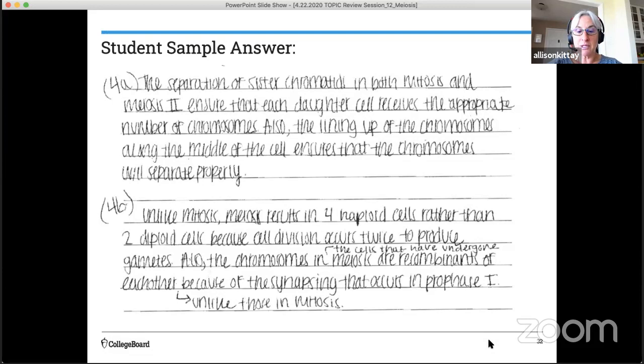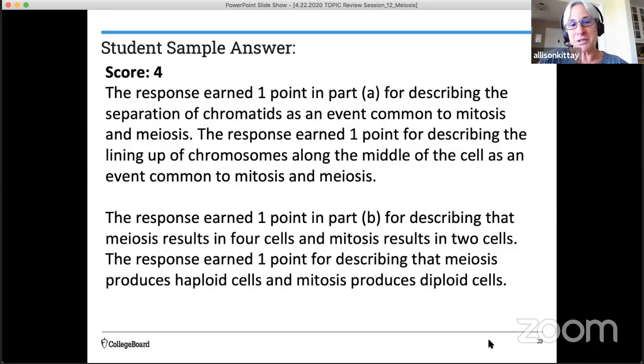Also, the chromosomes in the cells that have undergone meiosis are recombinants of each other because of the synapsing that occurs in prophase 1. Unlike meiosis, synapsis does not occur in mitosis. So you can see we don't take points off for a new form of the word synapse. Okay, and so that was a perfect 4 score.